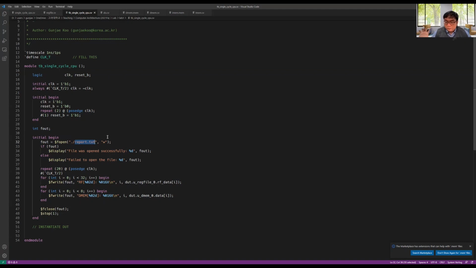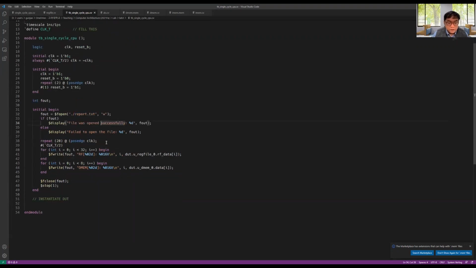In the first class of chapter 4, I also explained in chapter 2 that the result of an instruction by a processor is the change of state inside of the computer system. The change of state means the change of data inside of the register file, and the change of data inside of memory.